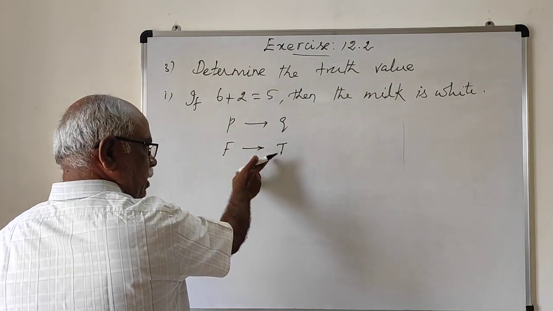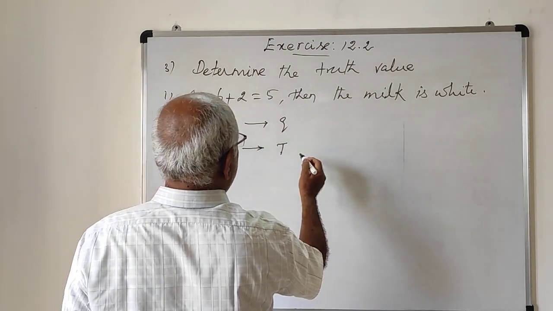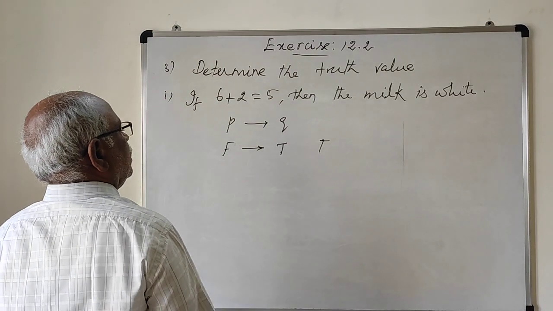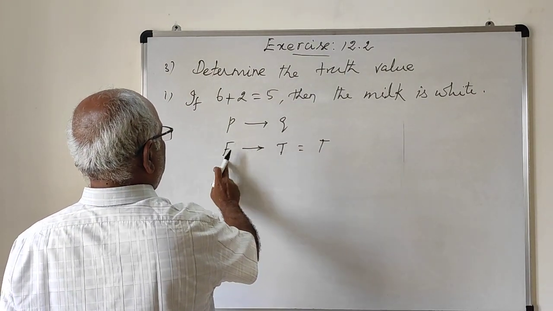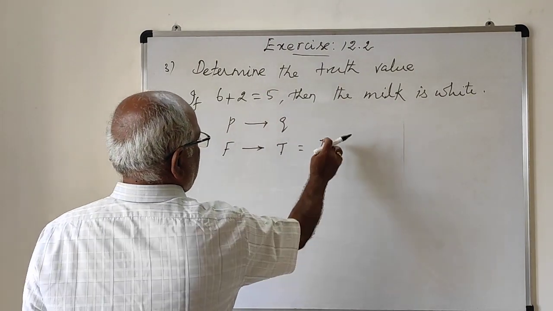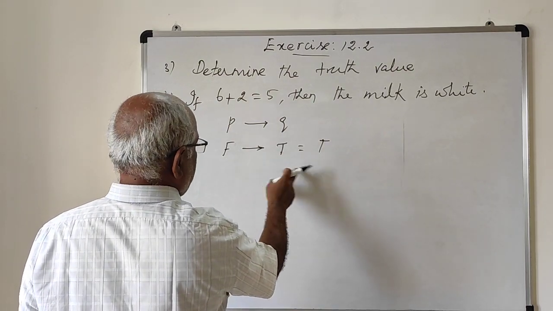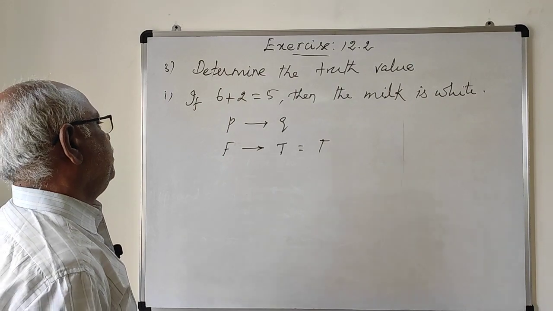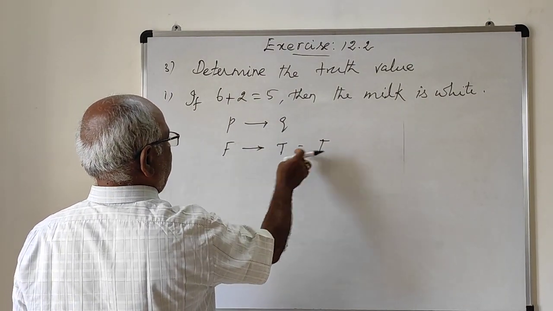So F single condition T is T. The truth value is T, because if F then T is T. If T then F is F. We know that T to F is F, but F to T is T. We know the single condition statement: P is false, Q is true, then F tends to T is true.